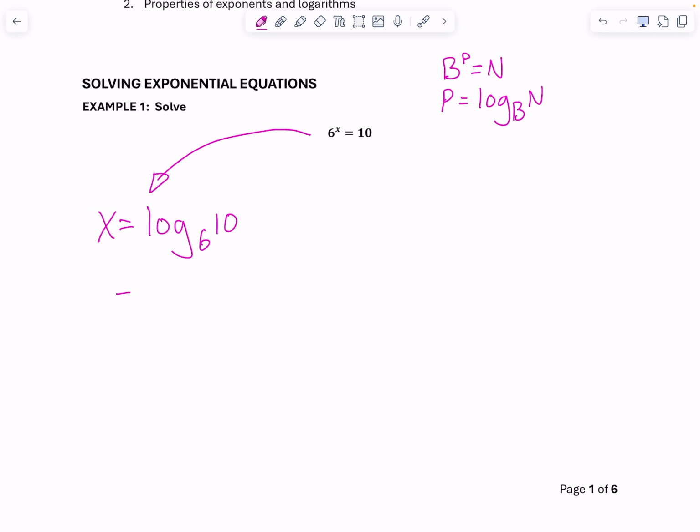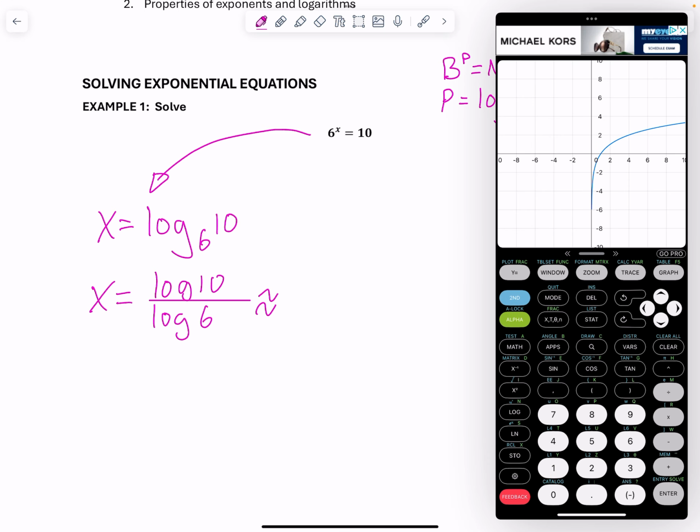Now, your calculator, I don't know, depends on which one you're using, but most of them can't take that in and evaluate it. So we use that change of base formula, which is log of 10 over log of 6. It's just using base 10 because I can use it in my calculator. So now you'll be able to plug that in.